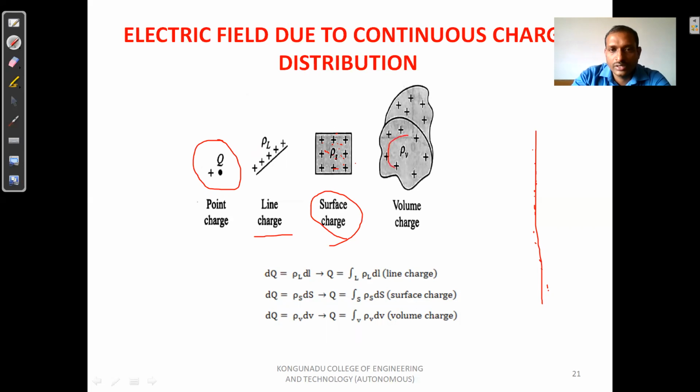Point charge is called q, line charge is rho l, surface charge is rho s, and volume charge is rho v. These are the different charge distributions on a line, surface, and volume.